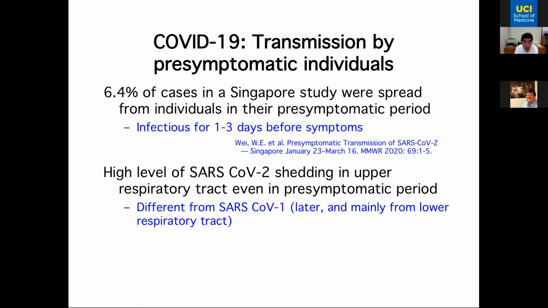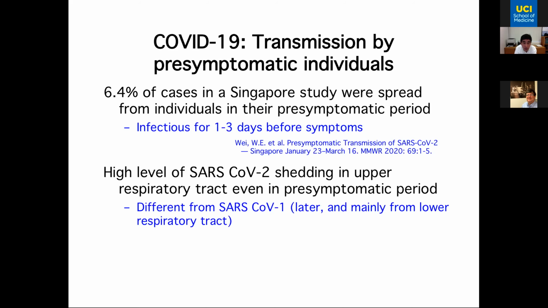Now, the good news here is it says that most of the cases, the large majority, over 90% of the cases, were spread from people with symptoms. Because the concern is if someone doesn't have symptoms, then how do you know that they can spread it to you? But in this case, 6.4% of the cases were documented to be in individuals who didn't have symptoms yet, and were going to develop symptoms 1 to 3 days later.